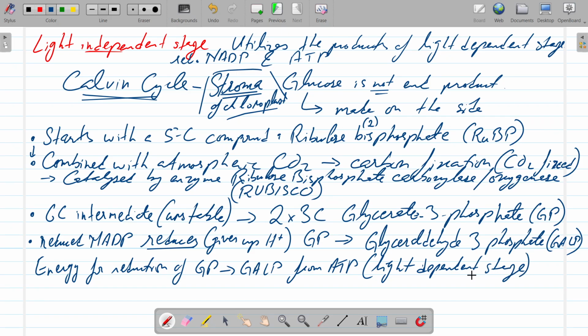The reduced NADP was also from the light dependent stage, and the ATP is also from the light dependent stage.